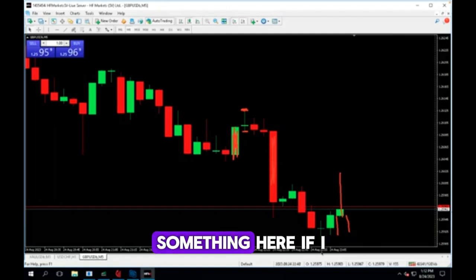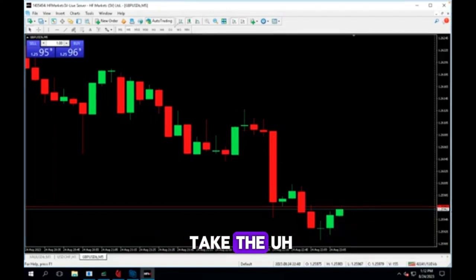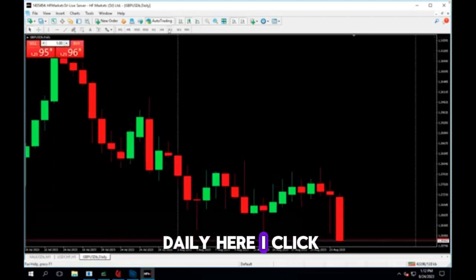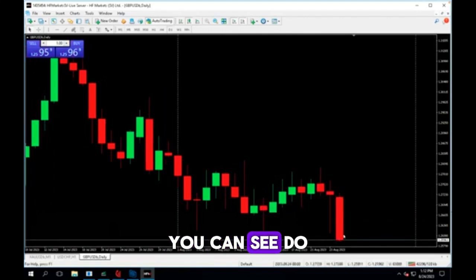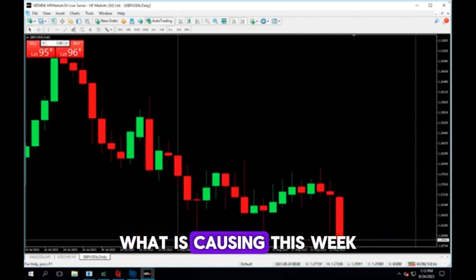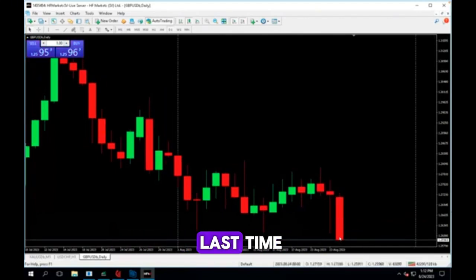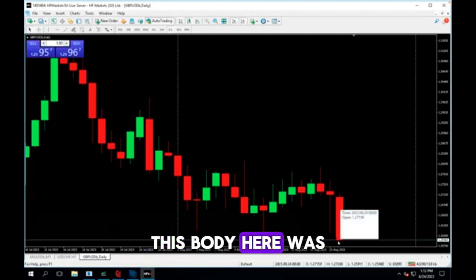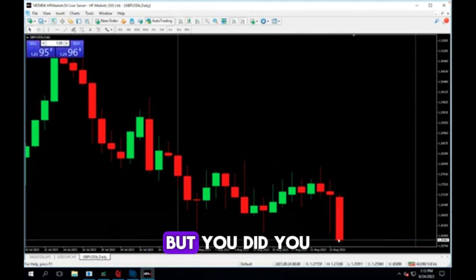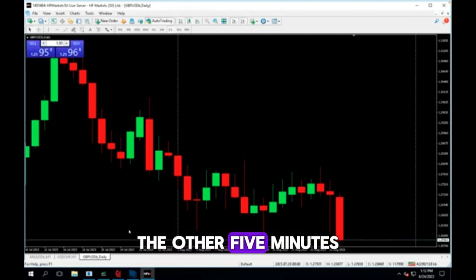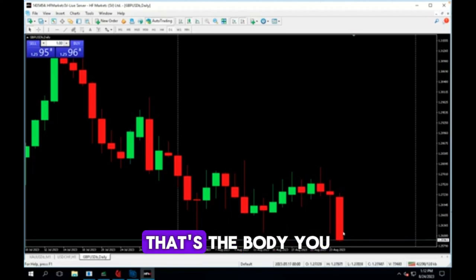Now, let's look at something here. If I decide to pick the daily, I click on daily, you can see. Do you know the effect? What is causing this wick? Remember when we looked at this the last time, this body here had no wick. But did you see that the 5-minute candle is going up? That's the body.